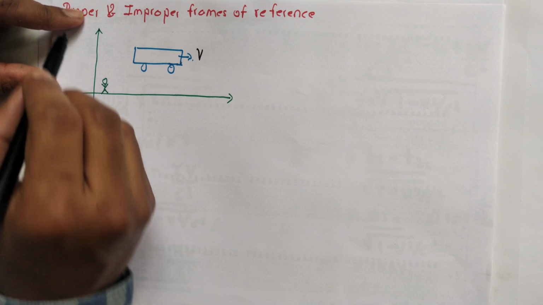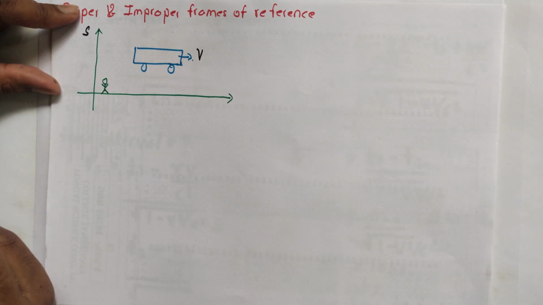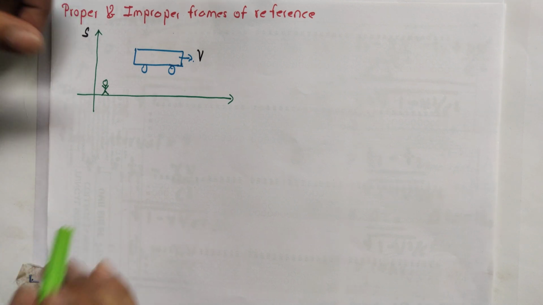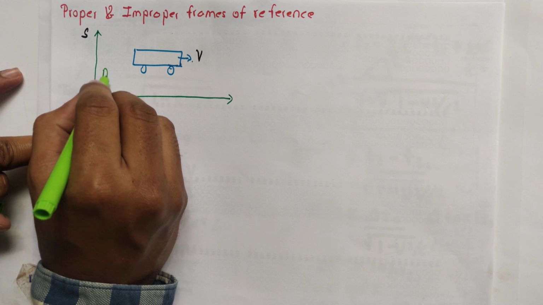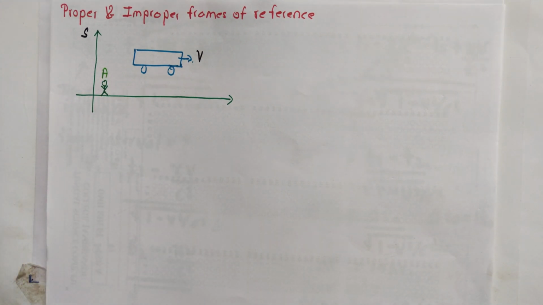Now if we consider this frame of reference as S, and let us call this observer observer A, according to this observer the train is moving in the right direction with a velocity v.